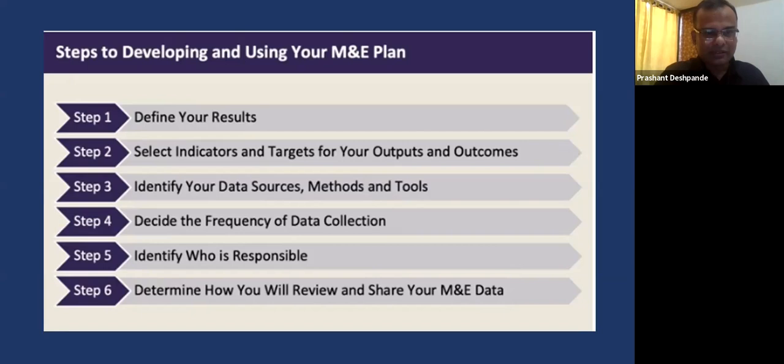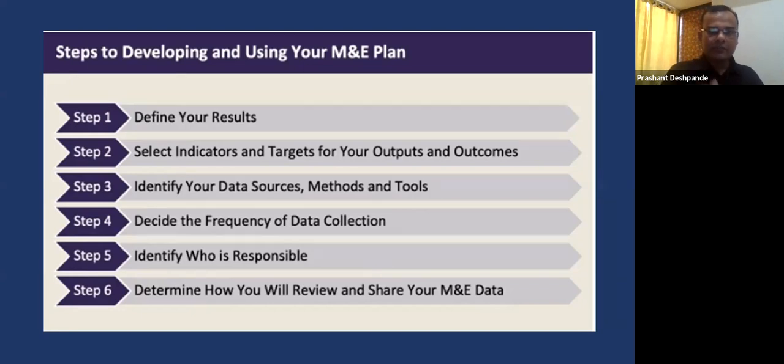But step 6 is very, very important. We have to again refer back to that M&E plan document, because, as we initially said, it's a living document. Once we develop it, it should not be kept away and not looked at. We have to review it, share the data with our funders and stakeholders, and take corrective actions.